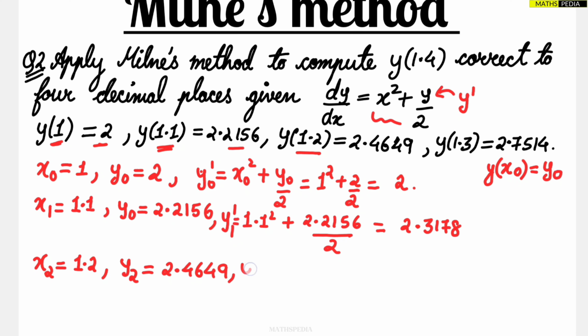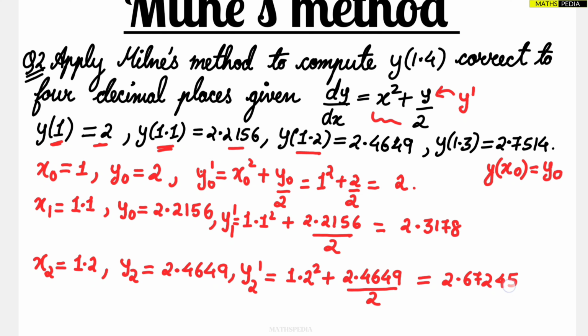Next I am finding out the y2 dash value. So it is 1.2 square plus 2.4649 by 2, which is equal to 2.67245. So we got this value.